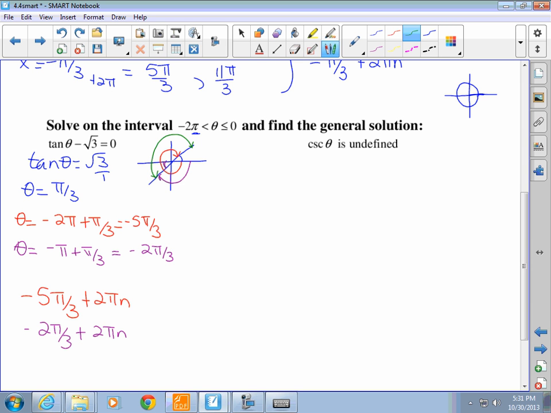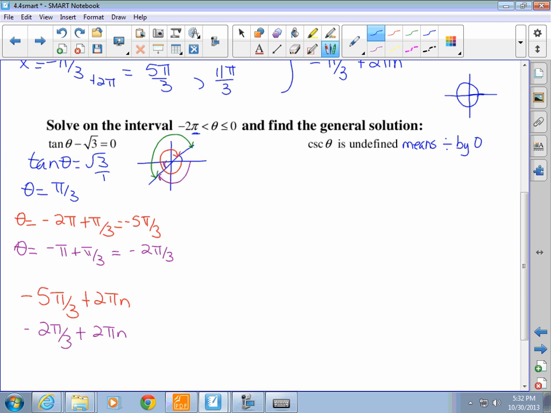Okay, for cosecant theta is undefined. So undefined means you would have had to divide by 0. So then I have to take a look at which ones would I have a 0 in them? Which of my special triangles or whatever would have them? Well, the triangles don't, but my unit circle does.